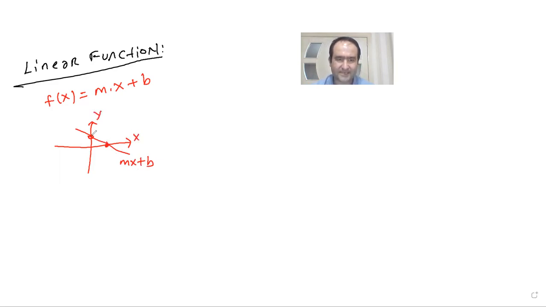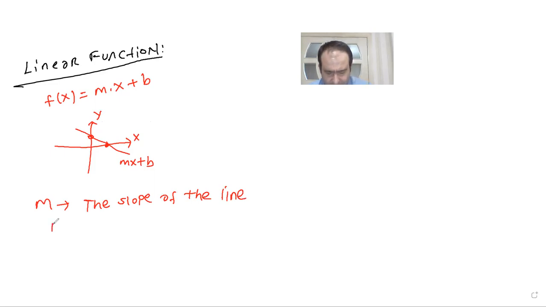It passes through the x-axis and y-axis. Linear function. M represents the slope of the line. Okay?